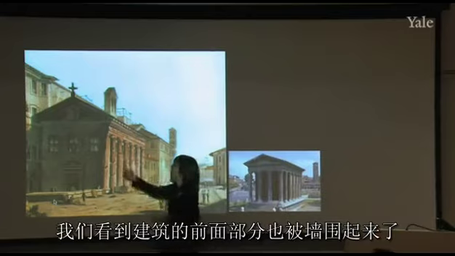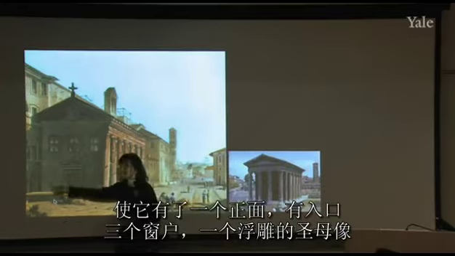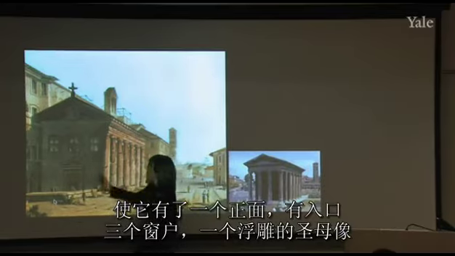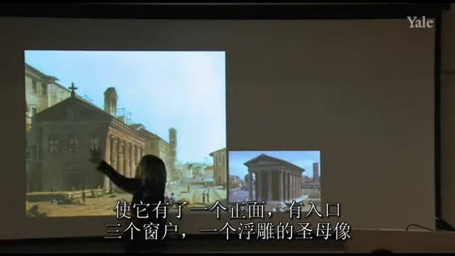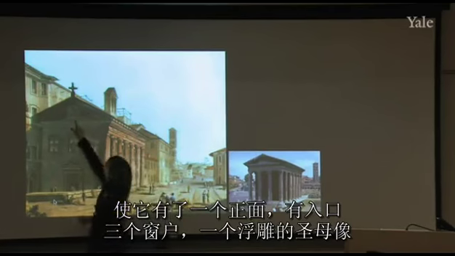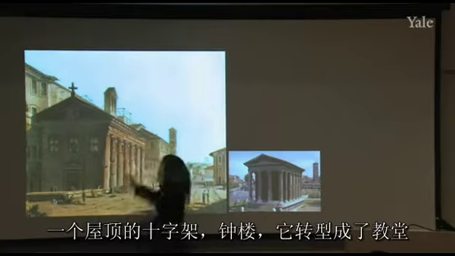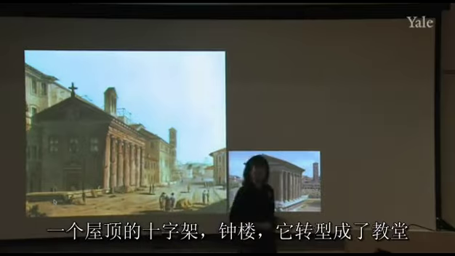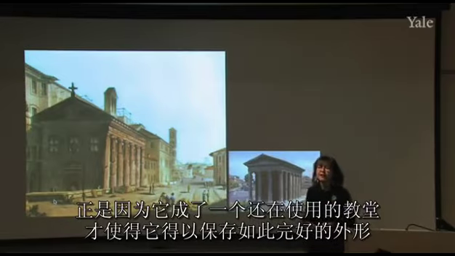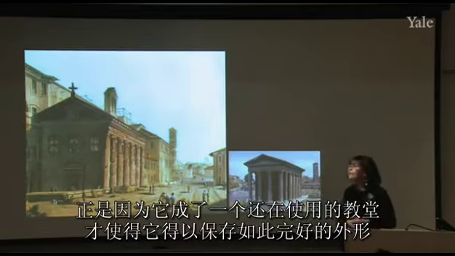They walled in the front and gave it a real facade, a doorway, three windows, a medallion with a Madonna, a cross at the top, a bell tower, and they turned it into a church. And because it was an active church, it was kept in good shape.